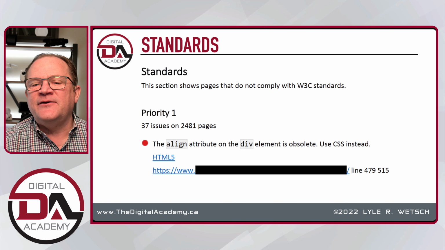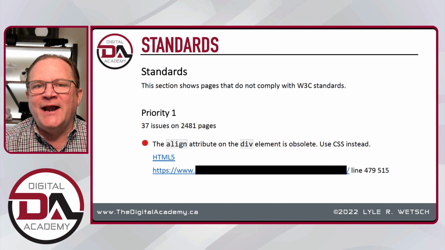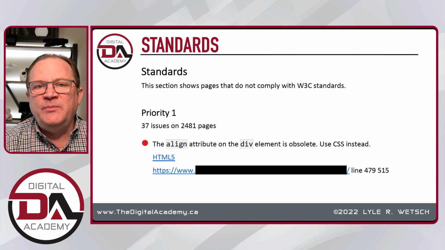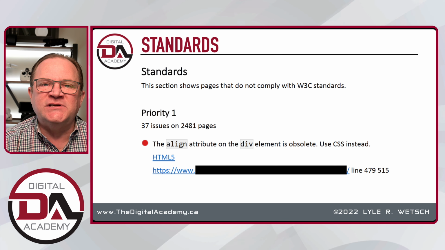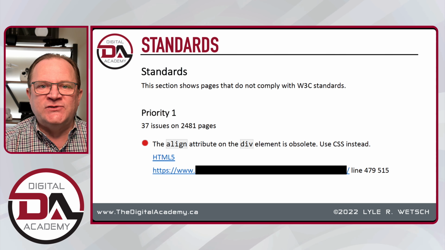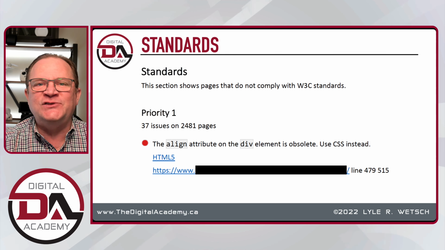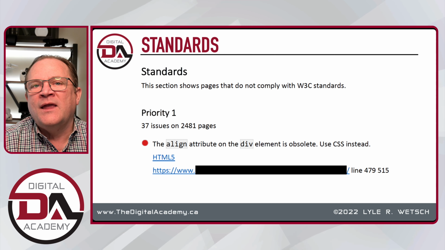Standards are identifying whether there are elements of what you're doing that are not compliant with the W3C standards. The W3C is the World Wide Web Consortium. This is the organization globally that decides how the internet should work. What are the codes that you use to determine page width, height, color, scheme, all of those things.